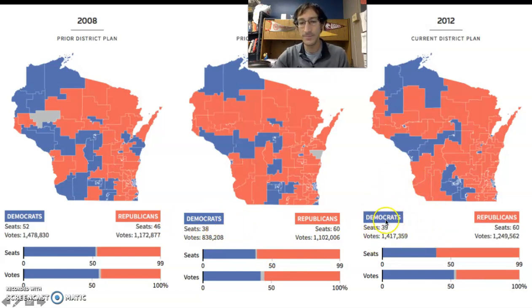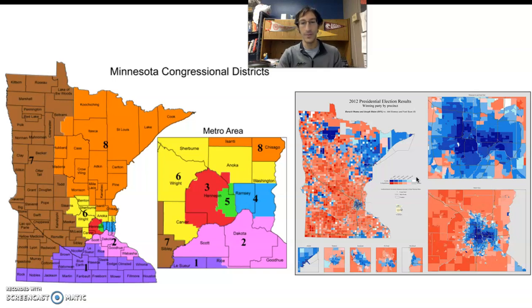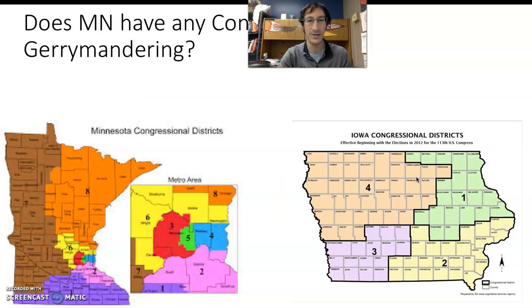Democrats won, again, by a slightly smaller margin than they did in 2008 in the previous presidential election. But even while they got more than 50% of the vote, they lost more of those seats. And gerrymandering helps to explain that, because when you look at how the districts were drawn, it can help explain some of these changes. We'll look more at Minnesota when we're in class.